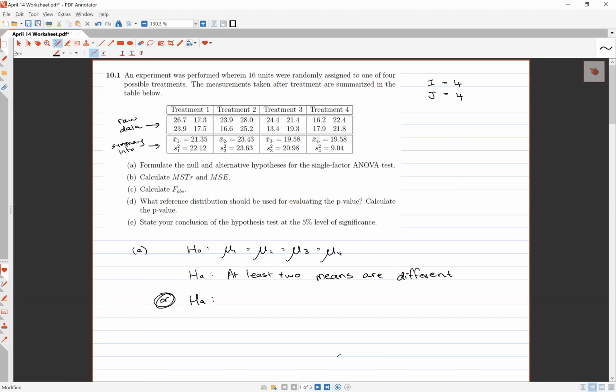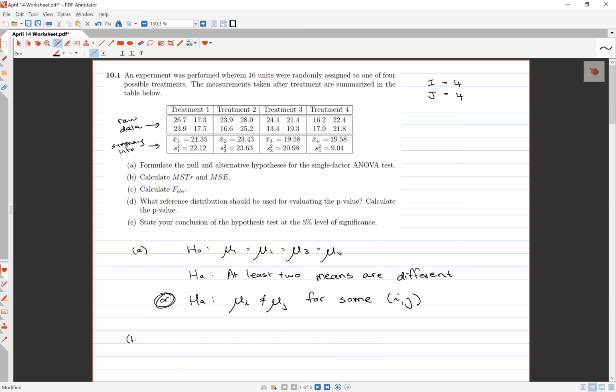So an alternative way that you could express that is you could say mu i not equal to mu j for some pair i and j. That's just saying you can go and find two groups with different means. So that's what our null and our alternative hypotheses look like.